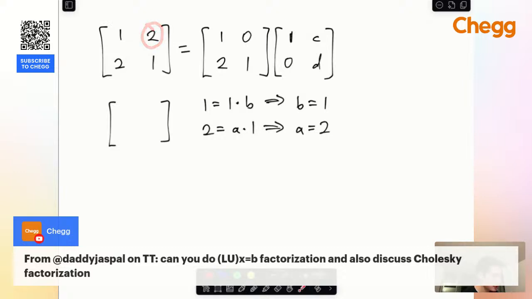So this number implies that I need to solve 2 is equal to C plus 0, right? So C times 1. And that implies that C is 2.